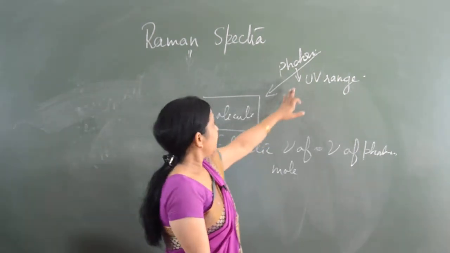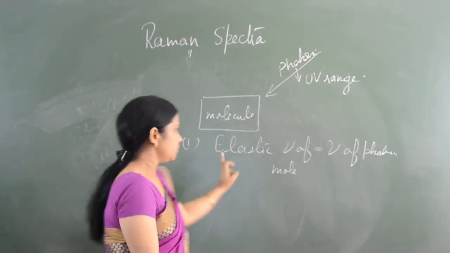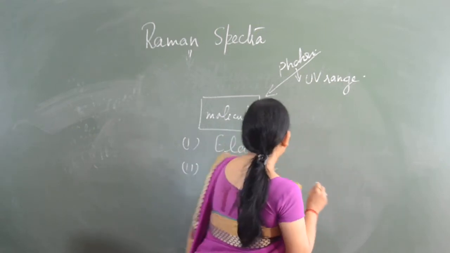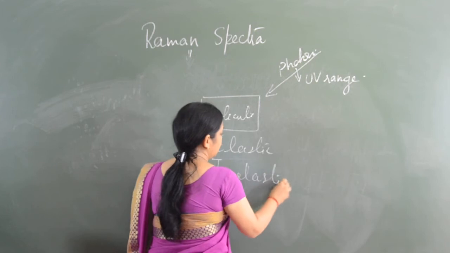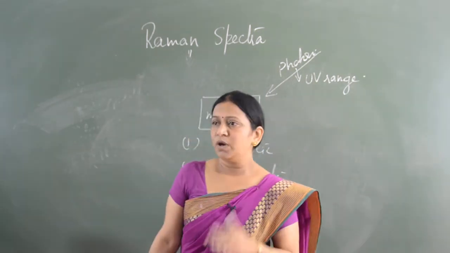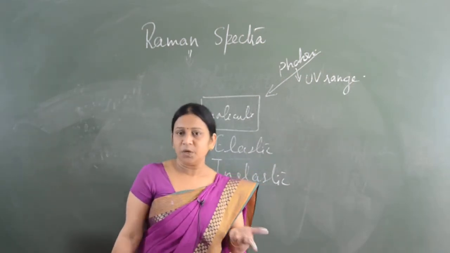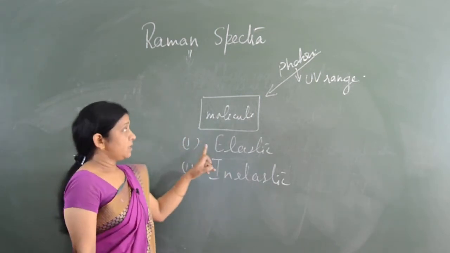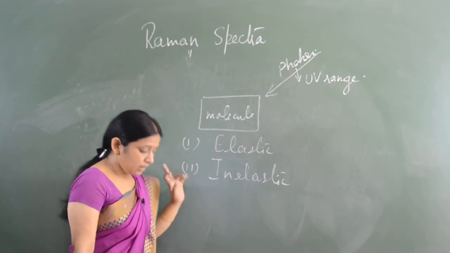So when a radiation or a photon falls on the molecule, we can have two conditions. The first is elastic, the second is inelastic. That means when a photon is falling on a molecule, scattering is taking place, because in Raman spectra we are going to deal with scattering. After the scattering we have two conditions, either the collision is elastic or the collision is inelastic.